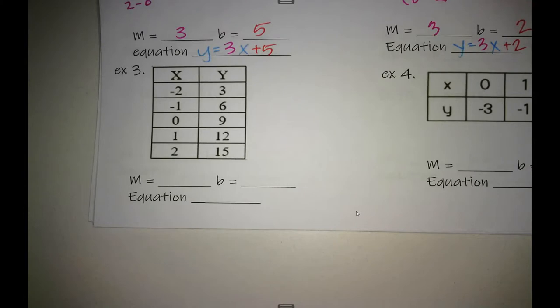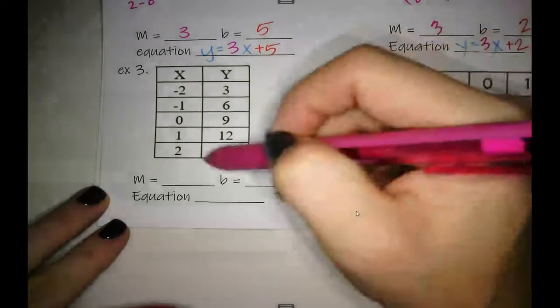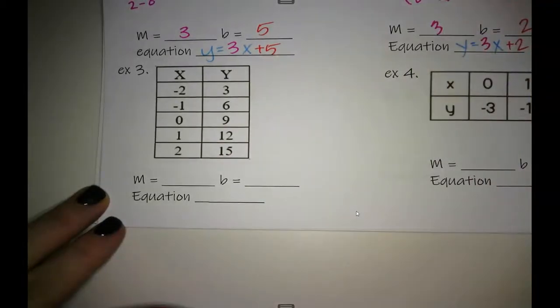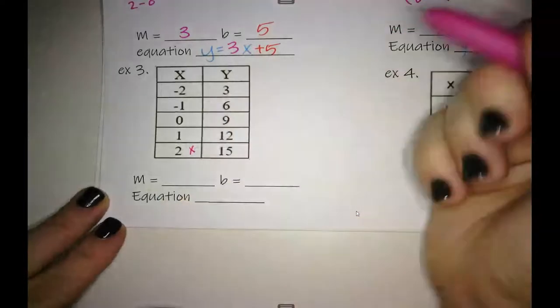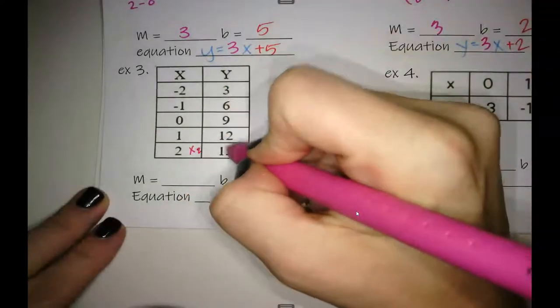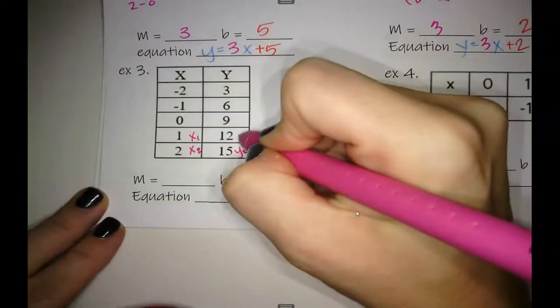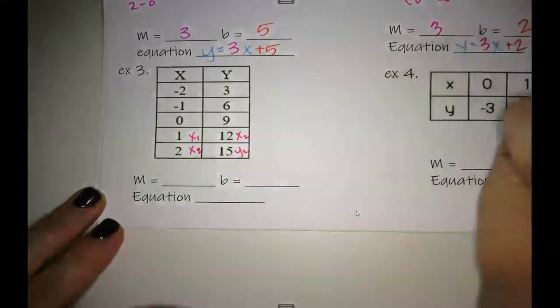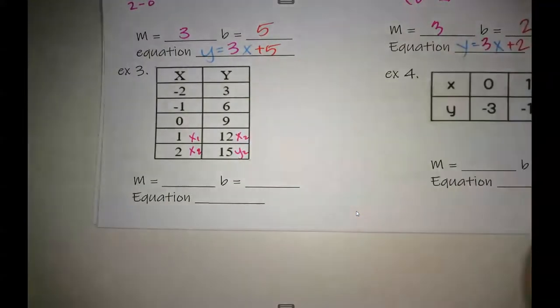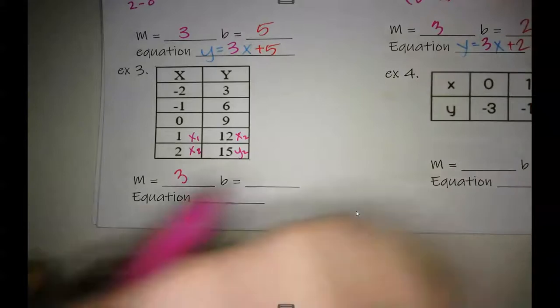The only difference is you're given more points, so you get to choose. I would work with positive numbers. This would be my x2 and y2 and my x1 and y1. That's just me. But when you find the slope here, that is 3.